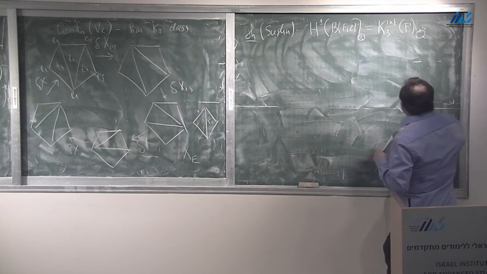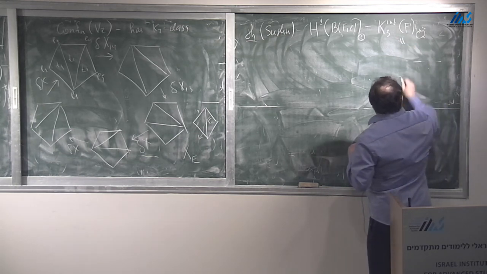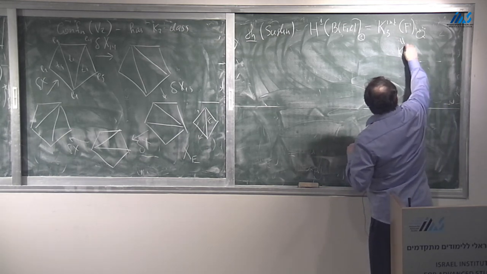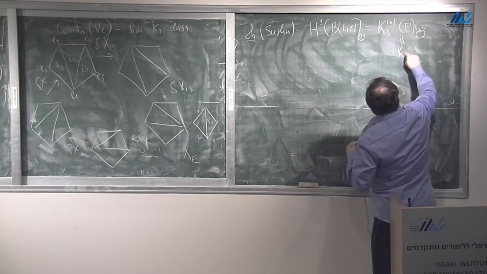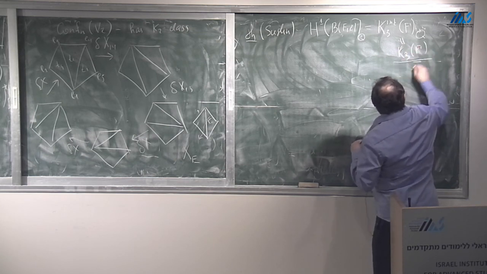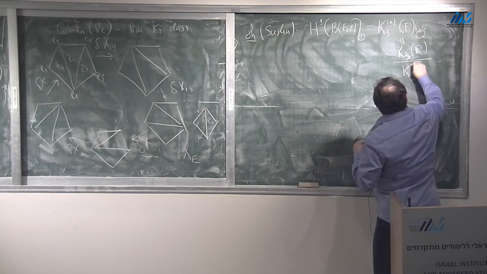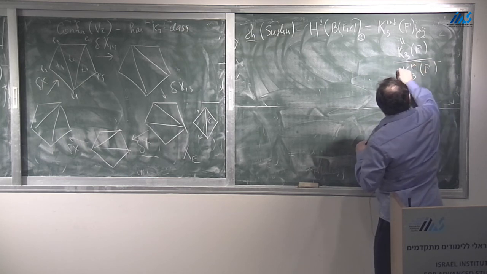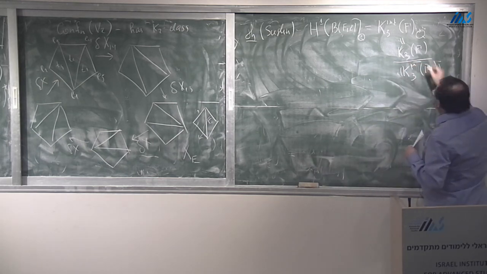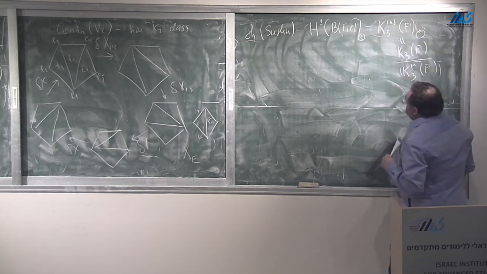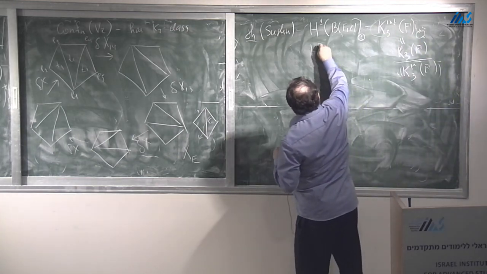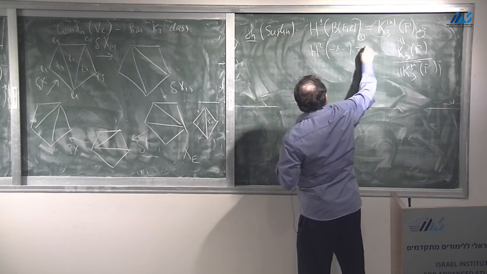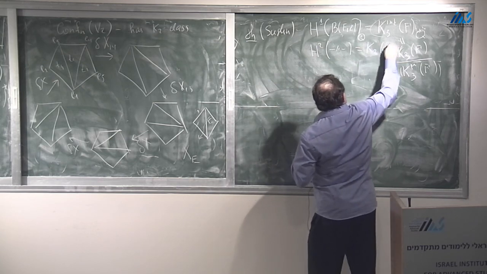What is K3 indecomposable? This is by definition the quotient of Quillen K3 of F by the Milnor K3, which naturally embeds there. And so we get the group K3 as the kernel of this map. And as I said before, H2 of the same complex by definition is K2.